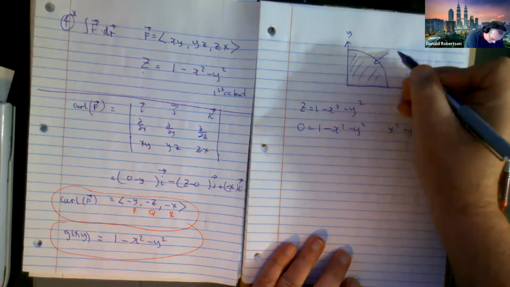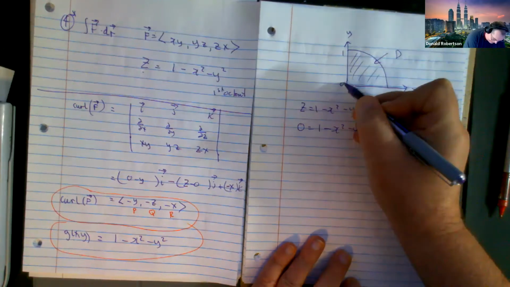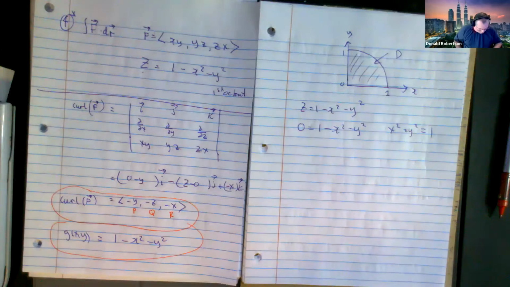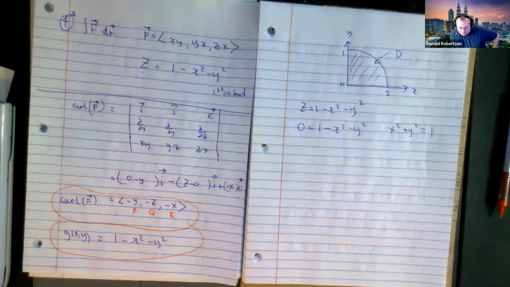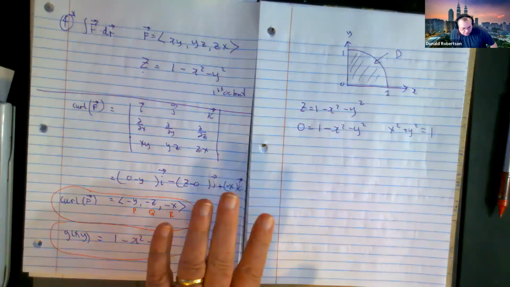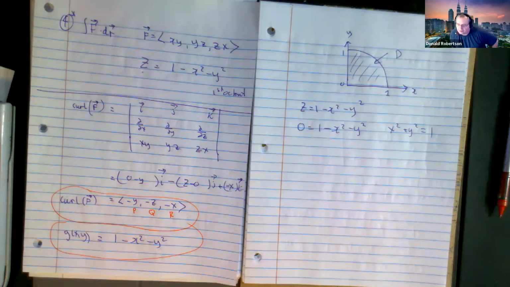That's D. Which means how am I going to deal with limits of integration? And in general, how am I going to deal with all these x's and y's? We've got a quarter of a circle. How are we going to deal with it?